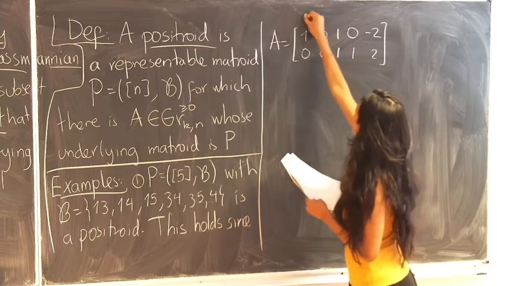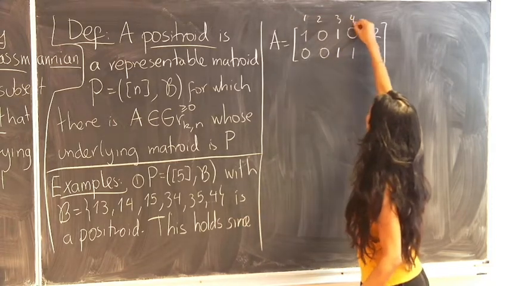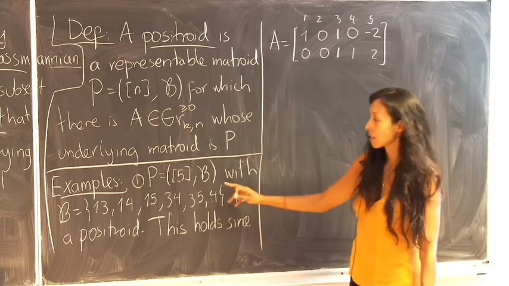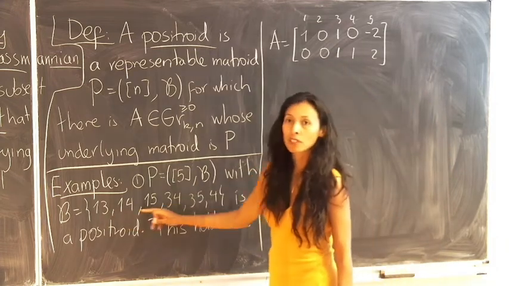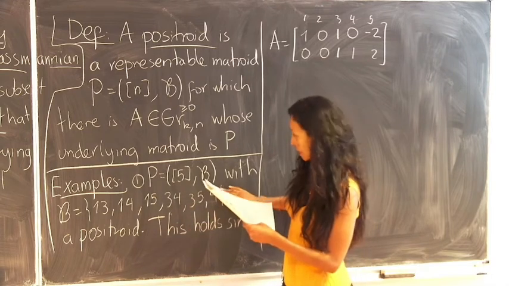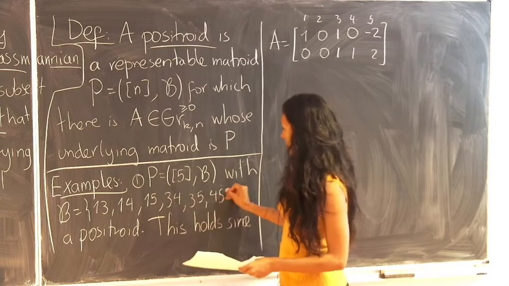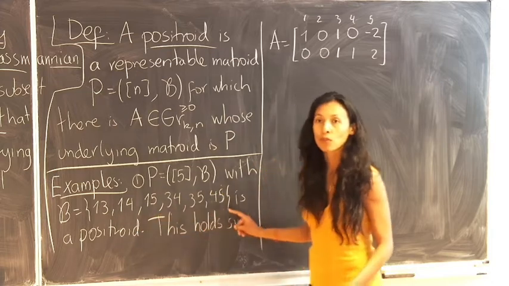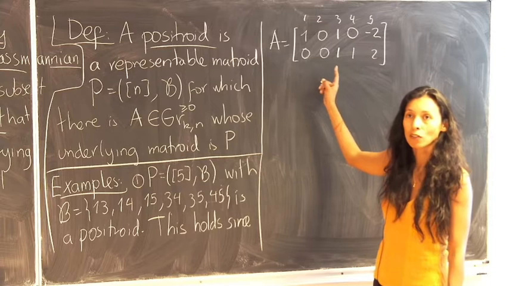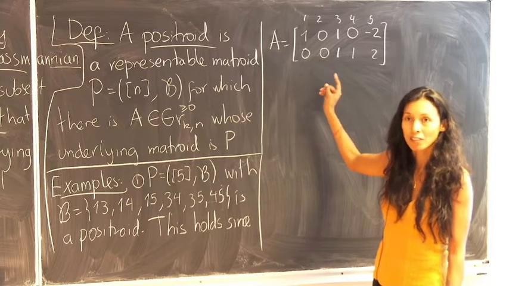If we were to label the columns of this matrix, it should be the case that for each one of these subsets of size 2, here I'm missing something, here is a 4 5, when I compute the determinant, the maximal minor indexed by them, it should be strictly bigger than 0.